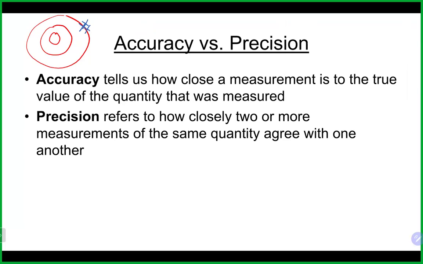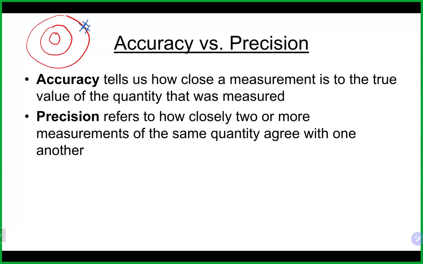So you could have a good level of precision but not be accurate. You can do the same thing over and over again, but do it wrong the same way every single time, and you'll get the same result. So you can be very precise, but not very accurate.